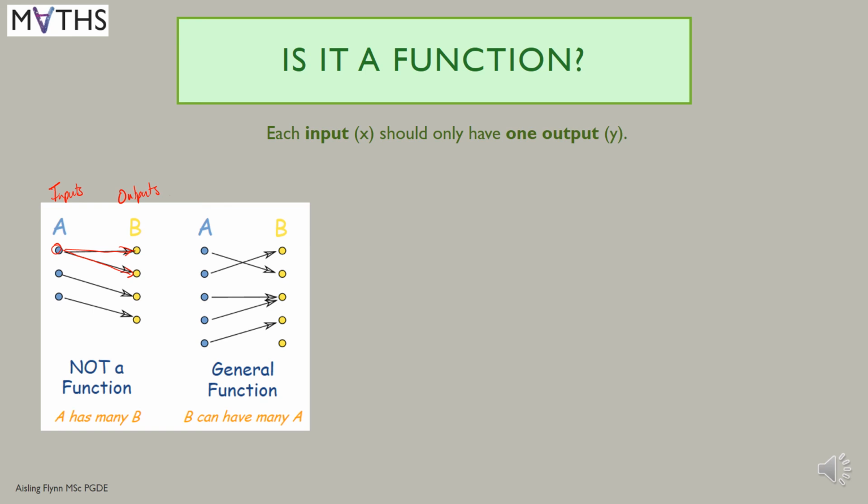It doesn't always result in the same one output, so that is not a function. The second one now, let's track from each input A, it goes to just one output. So to check, is there just one arrow coming from each blue dot? And there is. And we don't worry about the rest of it. And so it is a function.